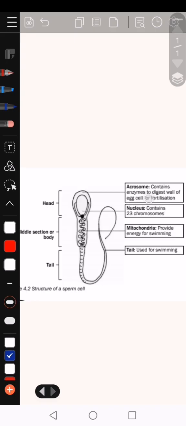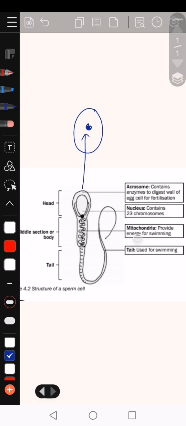Now, there is something called the acrosome reaction and what's it called? Capacitation, but we don't need to know that, that's medical level stuff. But that is just explaining how the acrosome interacts with the zona pellucida of the egg cell and breaks down the egg wall so that it can fertilize, and the zygote can develop, all of those things. But we just need to know this.